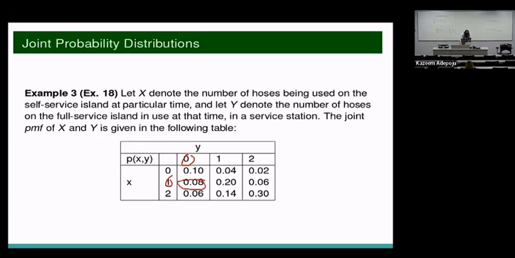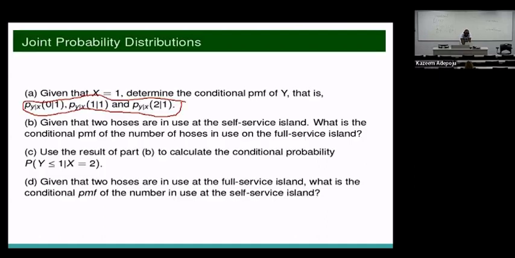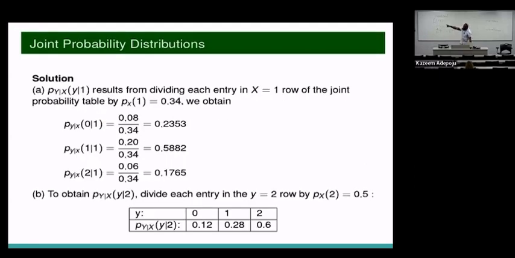Okay, so when you have that in the numerator, the next thing you want is the probability of x. So here the probability of x is 0.34. For each of them, you're going to see the denominator is the same, because that is for x equal to 1.